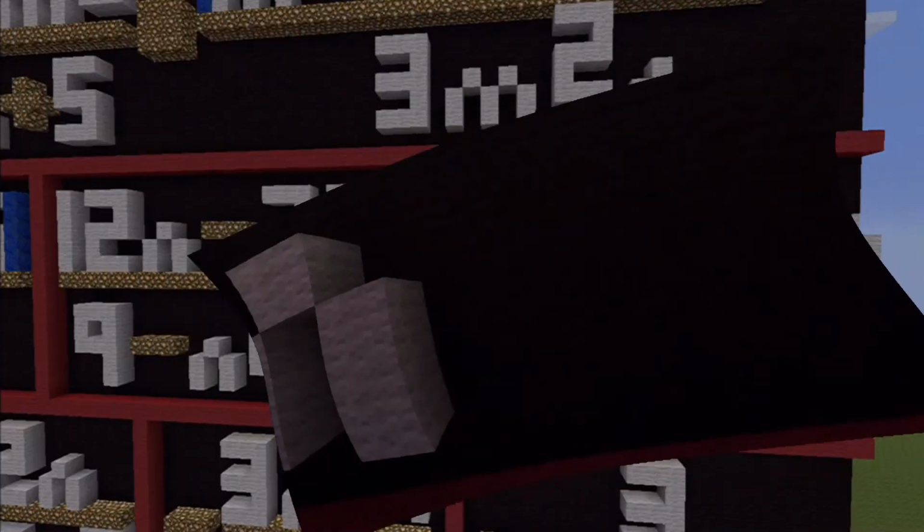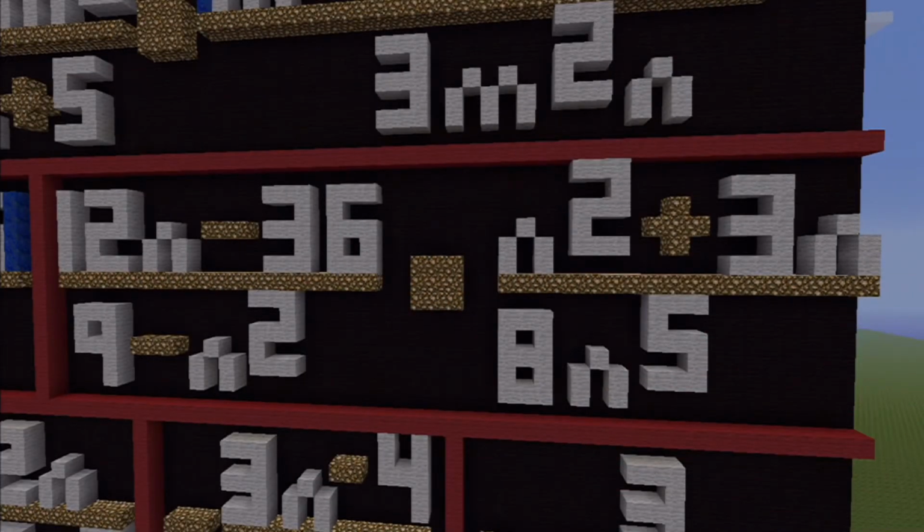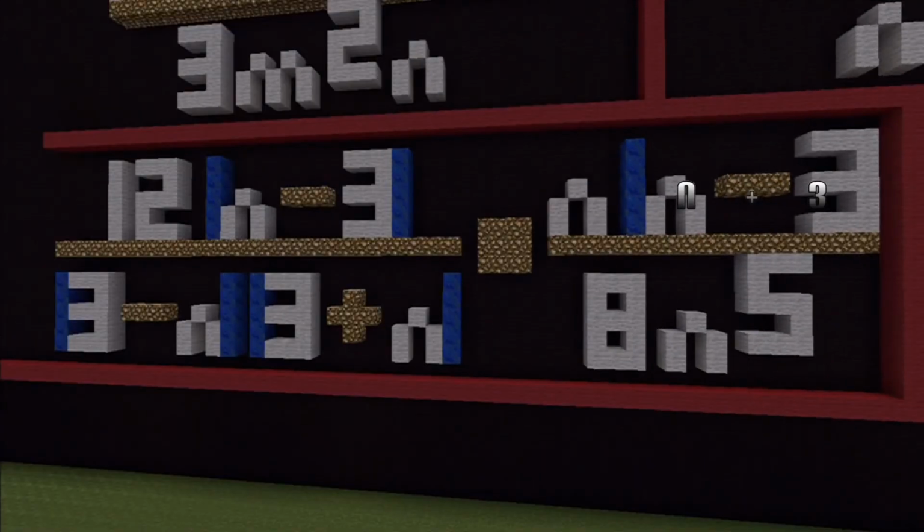As with the first, it is flipped and then factored with difference of two squares, as before, but also by taking a GCF from n squared plus 3n. This then leaves 12 times n minus 3 over 3 minus n times 3 plus n times n minus 3 over 8n to the fifth.